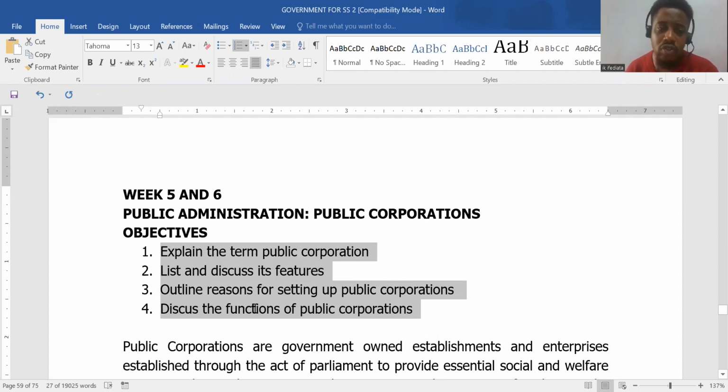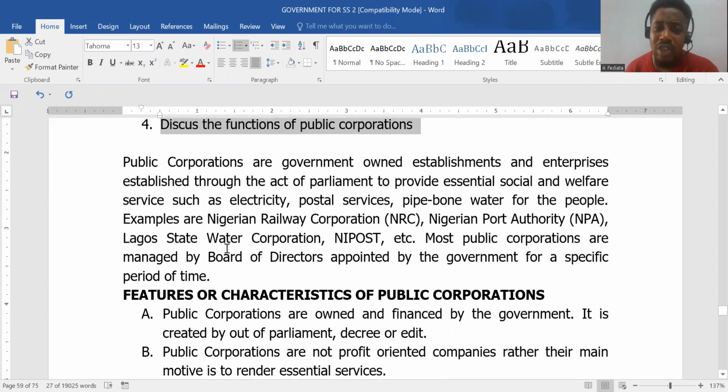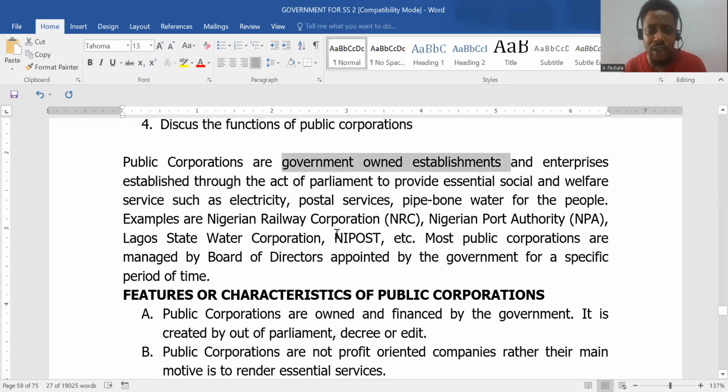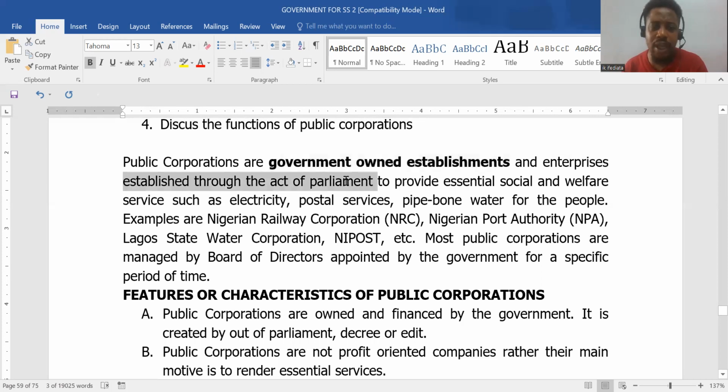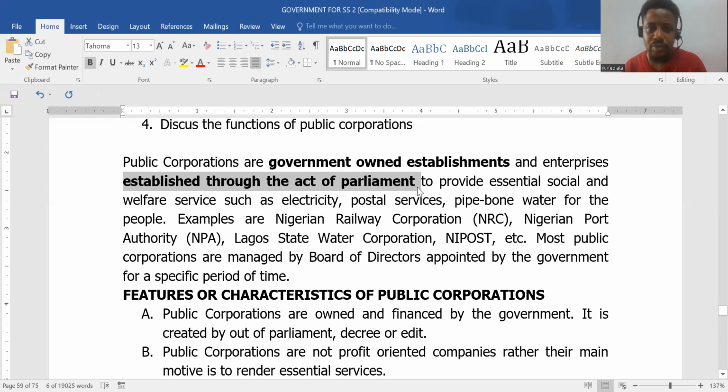What are their functions? So public corporations are government-owned establishments, right? Set up through the Act of Parliament to provide essential services for the people at an affordable rate. So government-owned establishments, that's the first point here, established through the Act of Parliament, provide essential services.